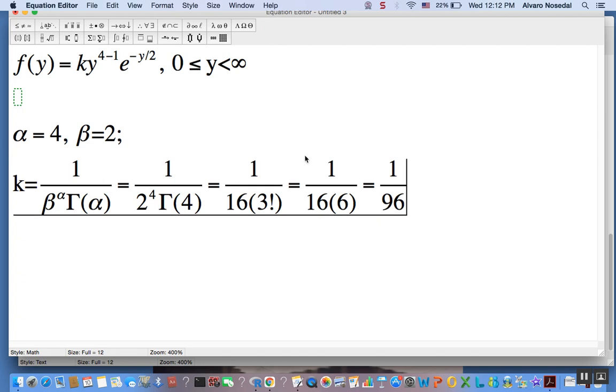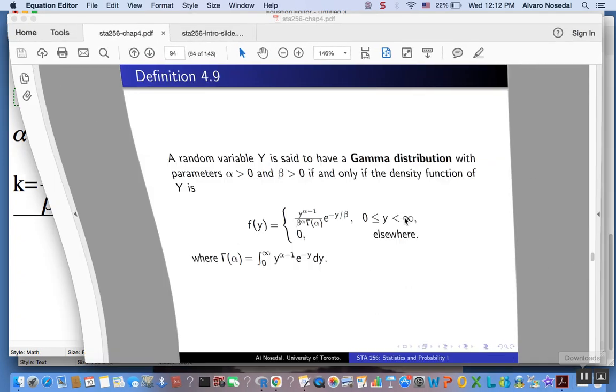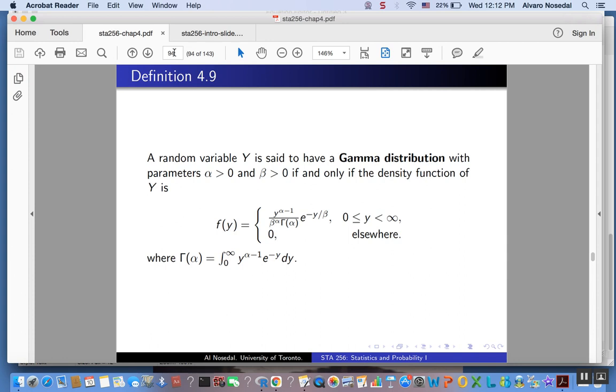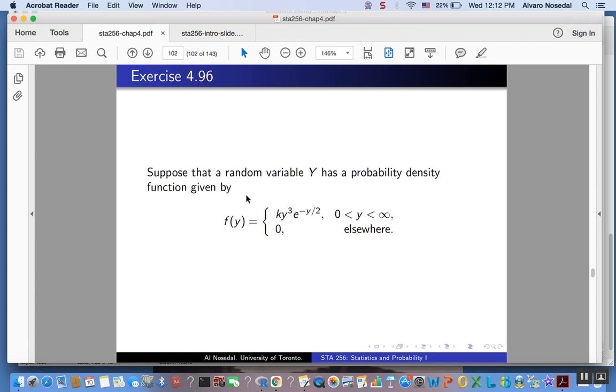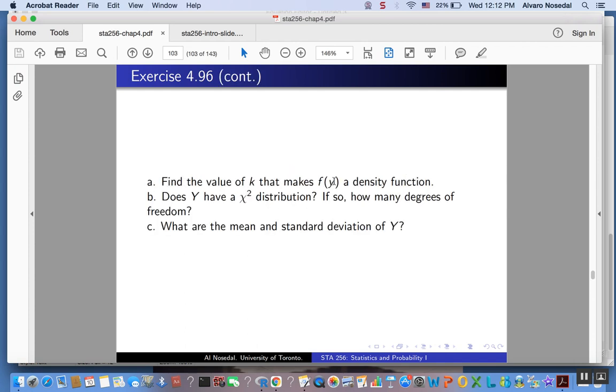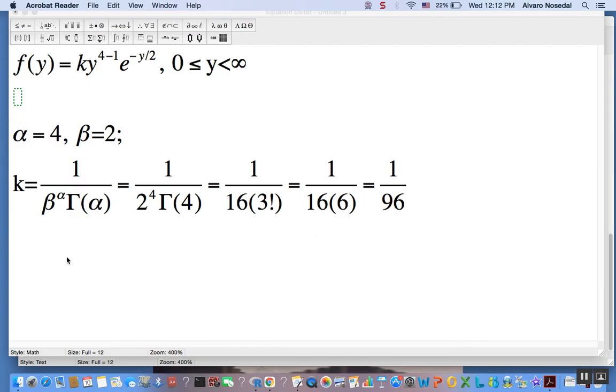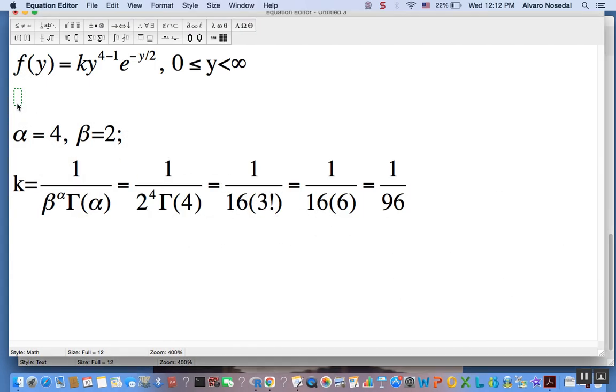Now let's go back to the problem. I think that we also wanted to do something else. So we have found K. Let's find B, the degrees of freedom. So remember that this is A. So remember that alpha must satisfy a relationship.